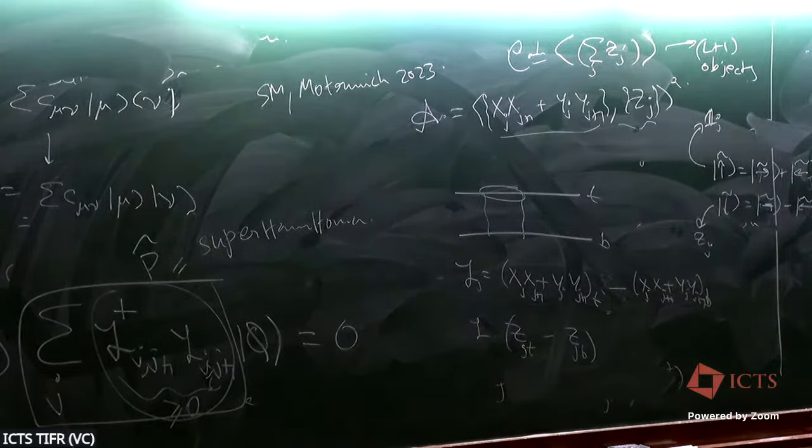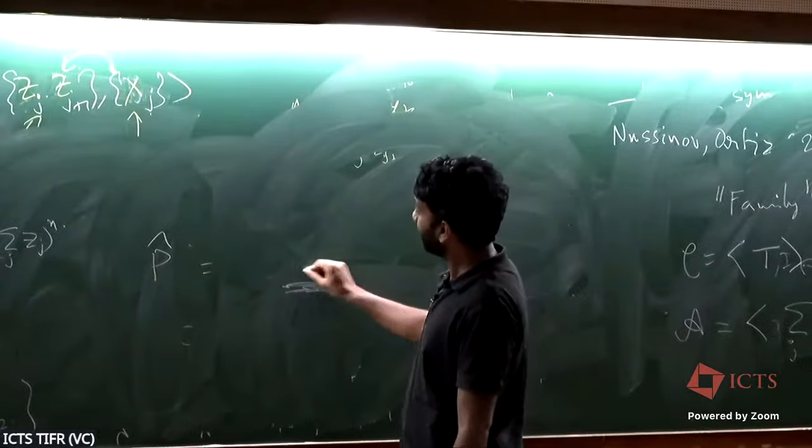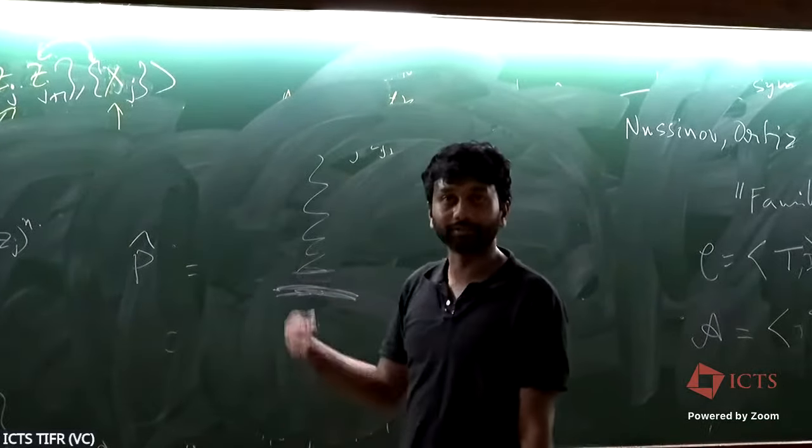And then you can also ask questions such as, so I constructed this super Hamiltonian. What are the excitations on top of this super Hamiltonian? So there is this super Hamiltonian P, which has these as the ground states. And then you can ask, what do these excitations of the super Hamiltonian mean?